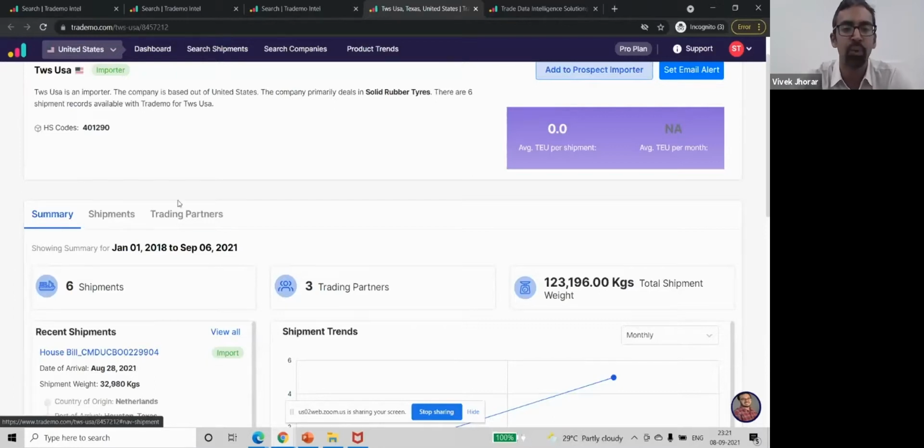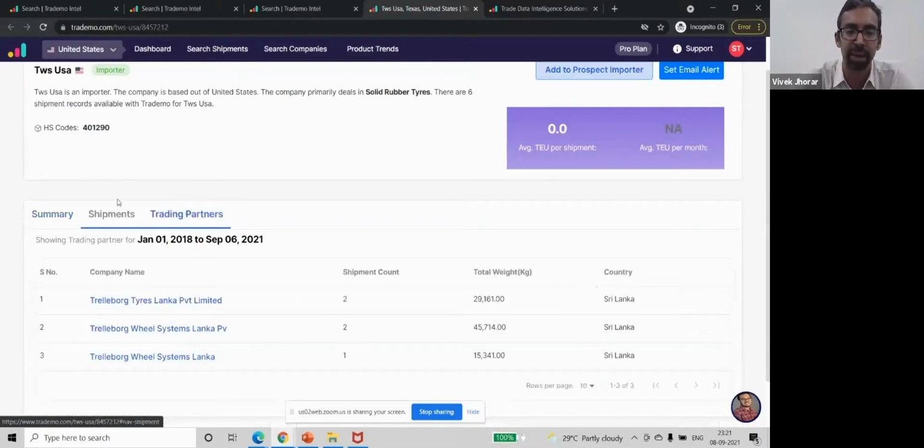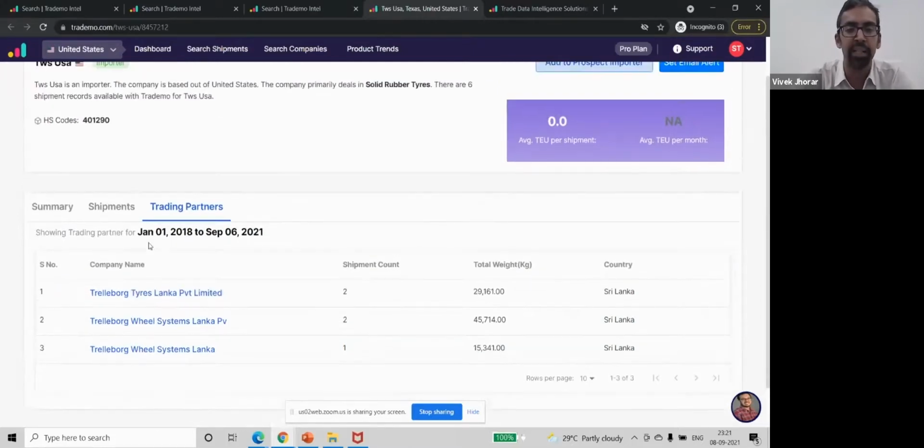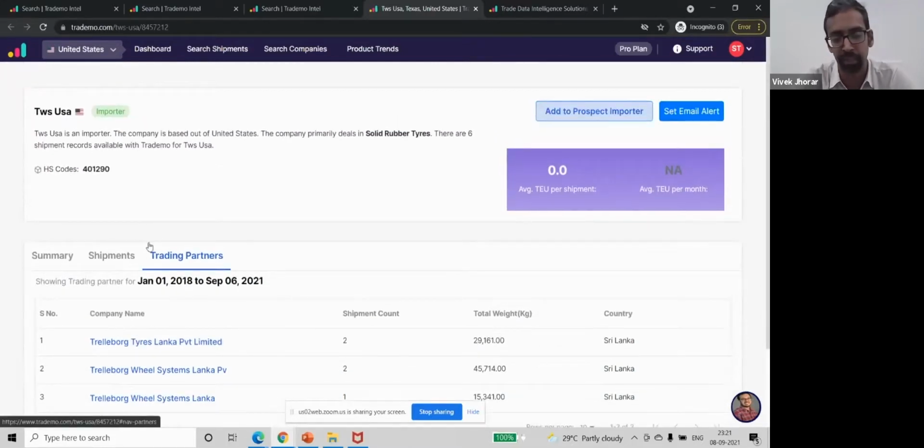So you can always see what kind of shipments and other trading partners these players have, and what is the size of the business, whether you should be extending a particular rate, a particular invoicing settlement period. All that could always be judged and validated against the kind of data that you have at hand. So that's another one which can be useful using the data tools.